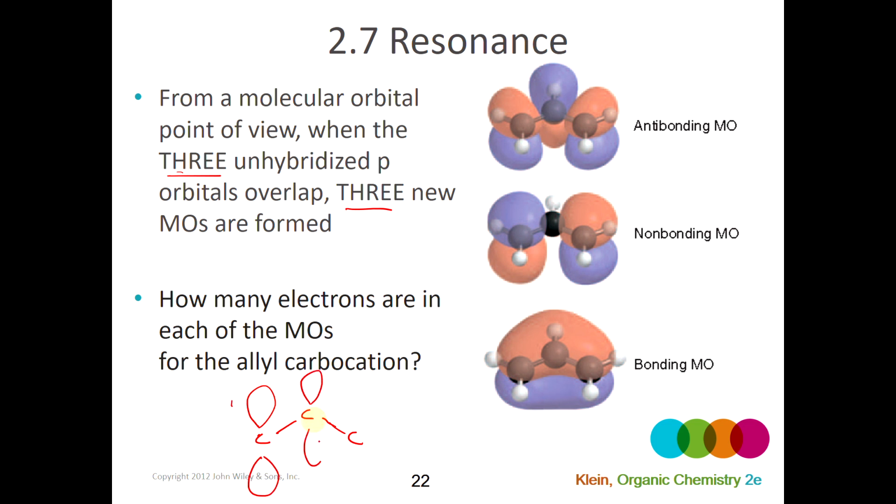I've got a second p orbital, that's 2, and I've got a third p orbital, that's 3. And if I drew them a little wider, you could see them overlapping. I've got 3 total p orbitals, and so I have to create 3 new molecular orbitals. If there's an odd number of molecular orbitals created, I can't have equal amounts of antibonding and bonding. And so then one of the orbitals will always be equivalent in energy to a non-bonding situation.